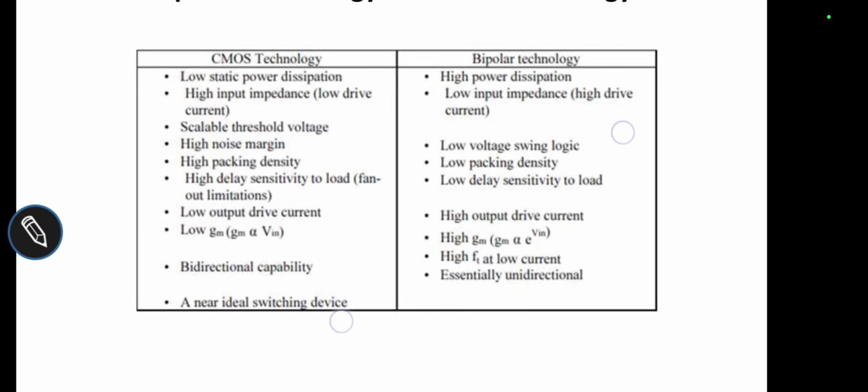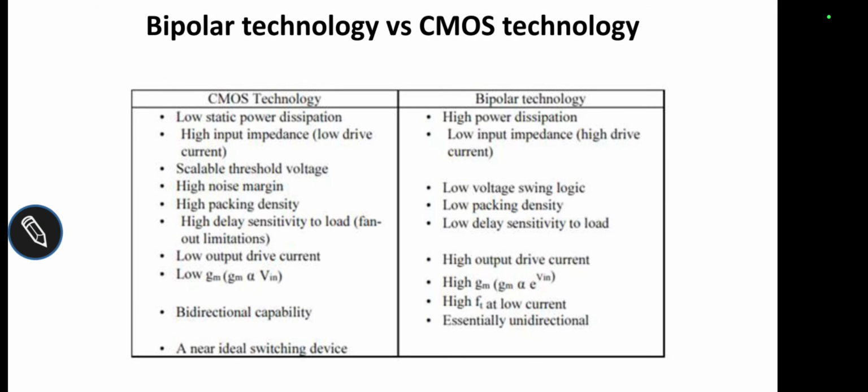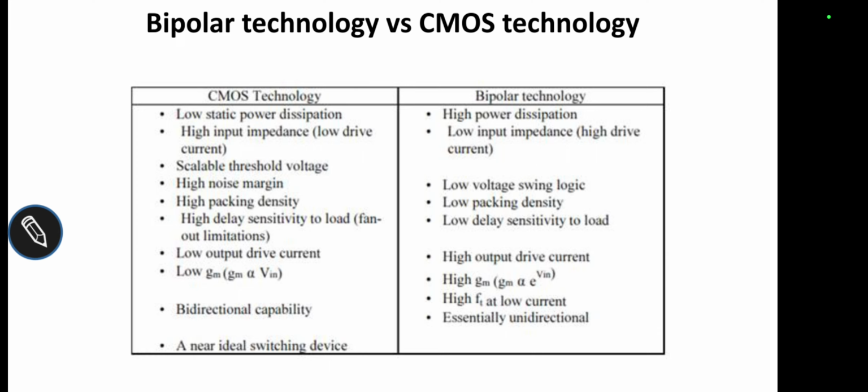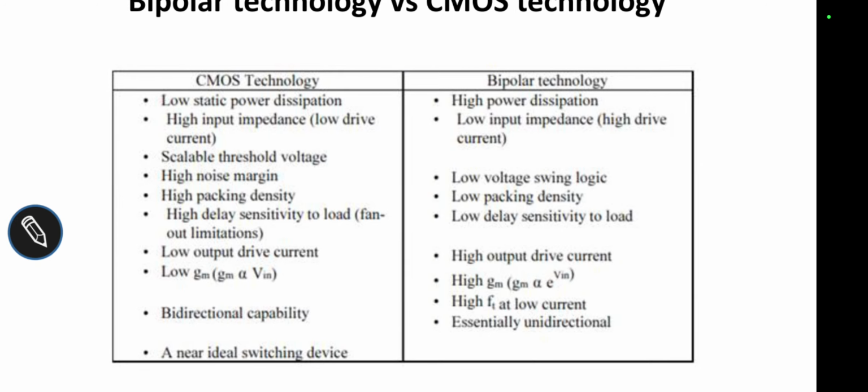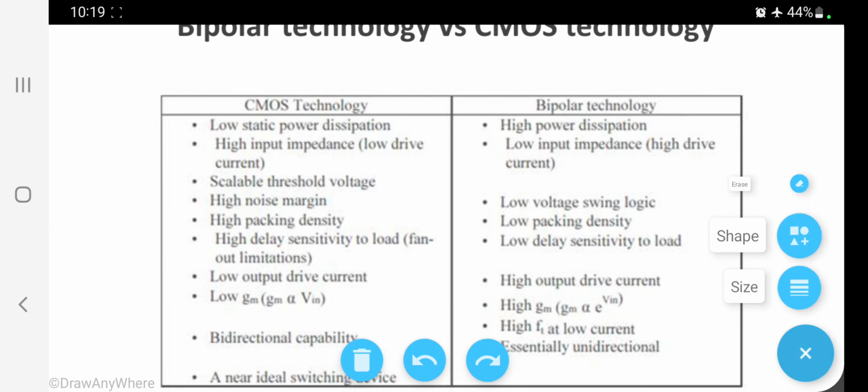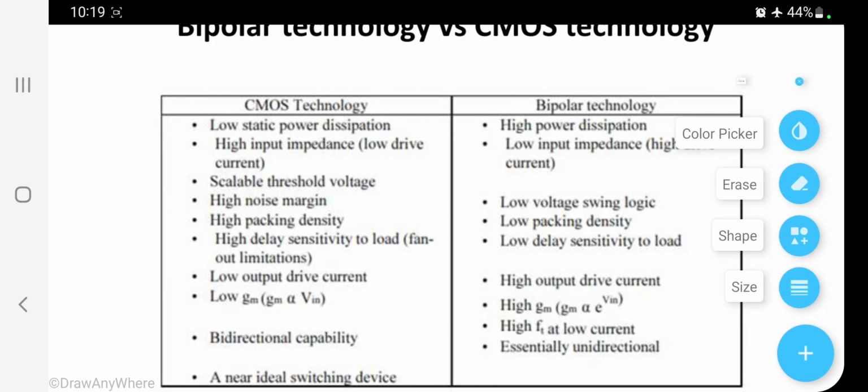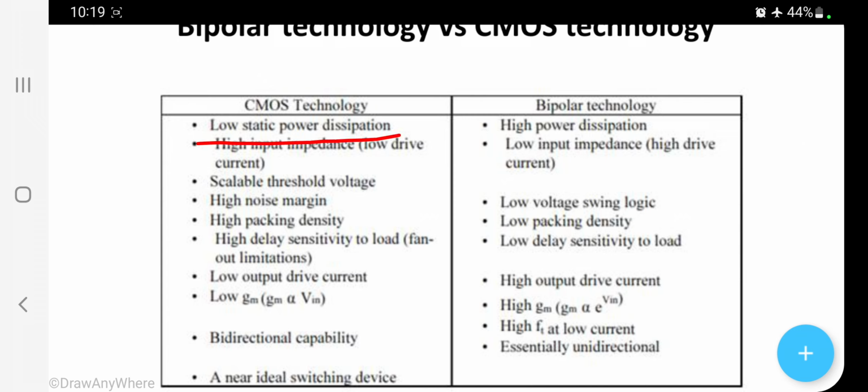Now we'll see the important comparison, bipolar technology versus CMOS technology. Why bipolar was left and why CMOS was introduced. If you see the comparison, obviously in CMOS you have low static power dissipation, whereas in bipolar the power dissipation will be high.